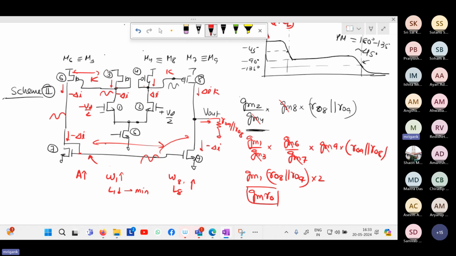Again, the length of M6 and M7 doesn't matter because the RO is not coming into the picture there, so the L can be minimum. But for the output side, M9, I have to increase the W and L so that the W by L ratio with respect to M7 is maintained, but the RO is increased. Is that clear to everyone?